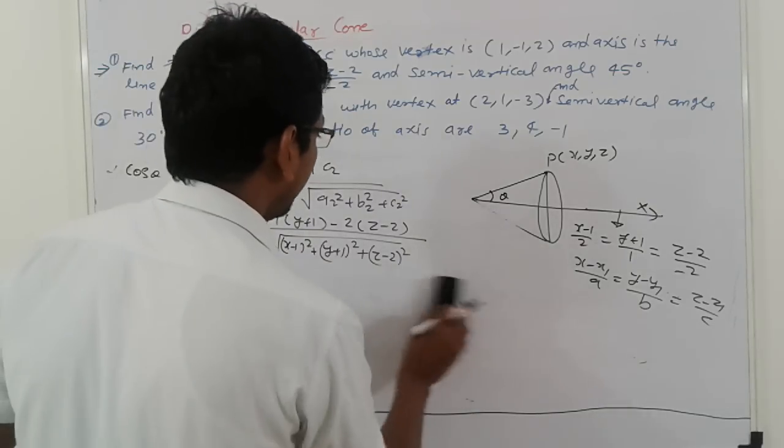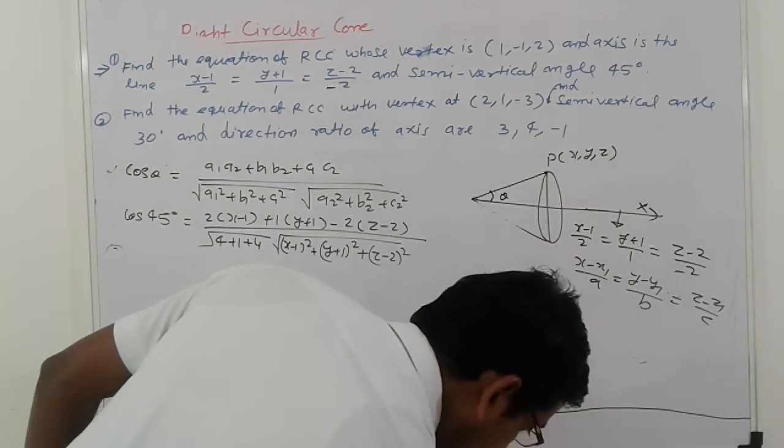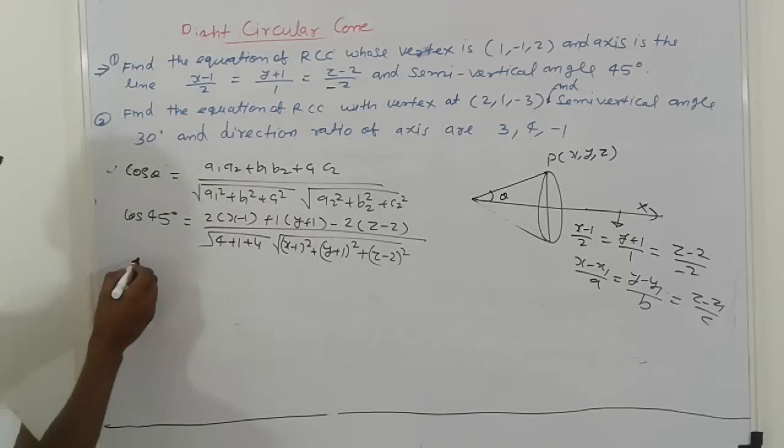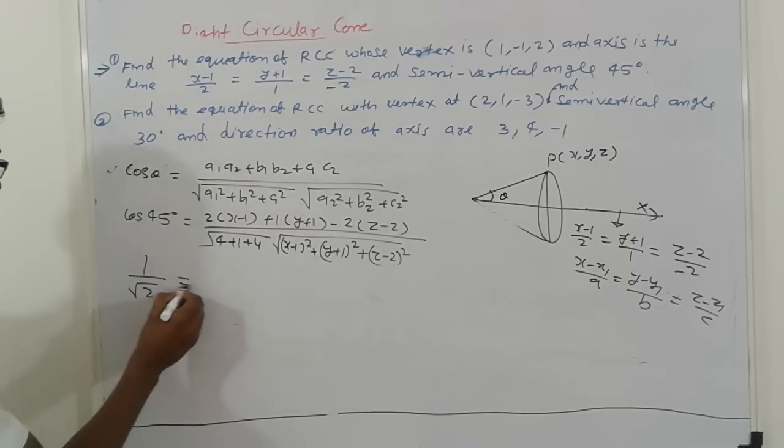Now how to simplify this? We will square both sides, but first write down 1 by root 2 here.